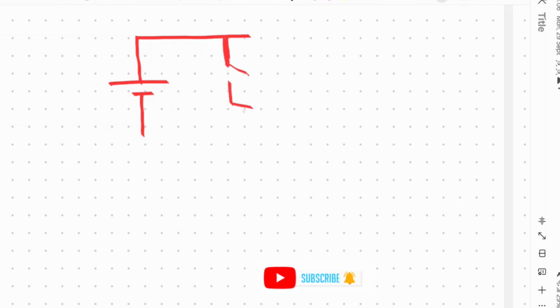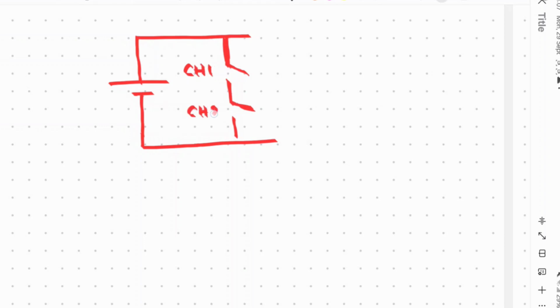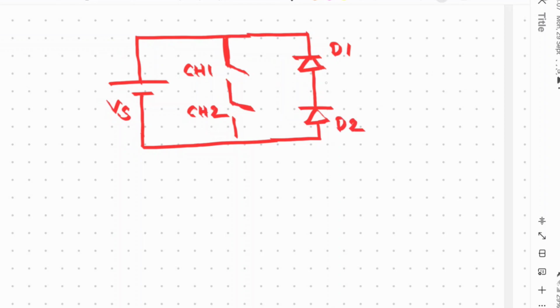So there is one voltage source. Then there are two switches: this is switch 1 and switch 2, connected to the supply voltage. Then there is diode D1 and another diode D2.